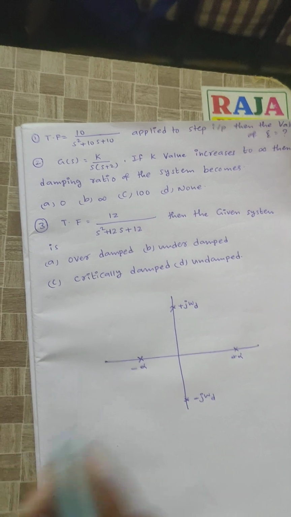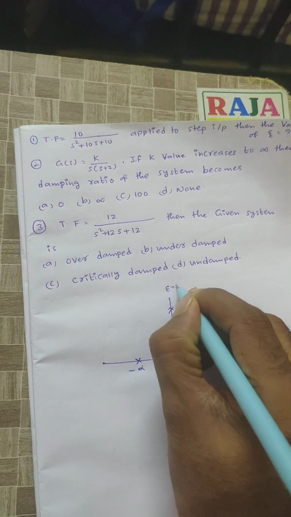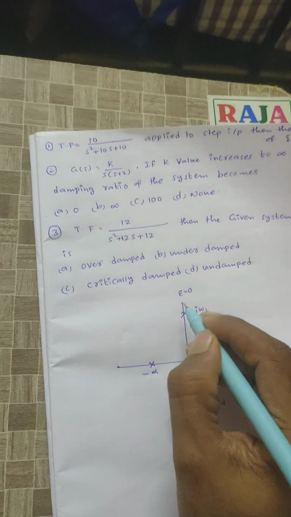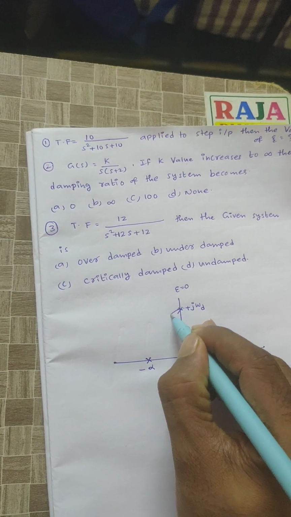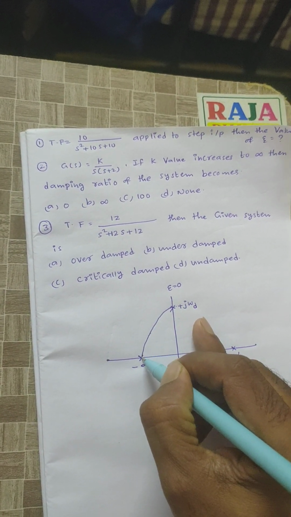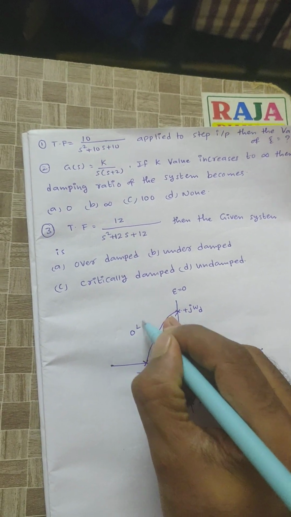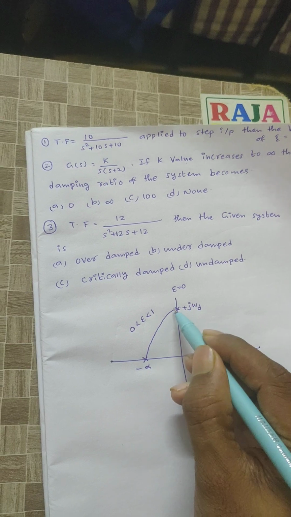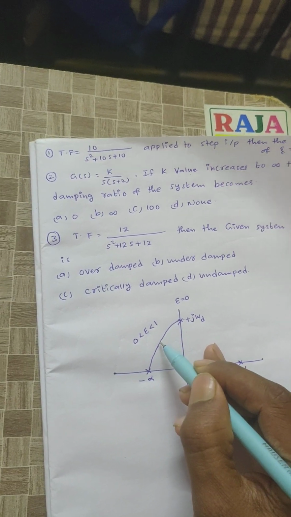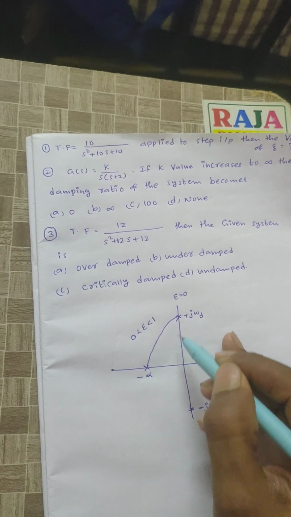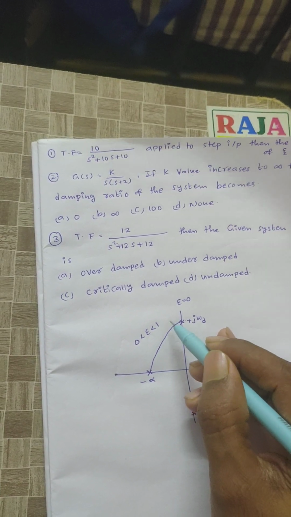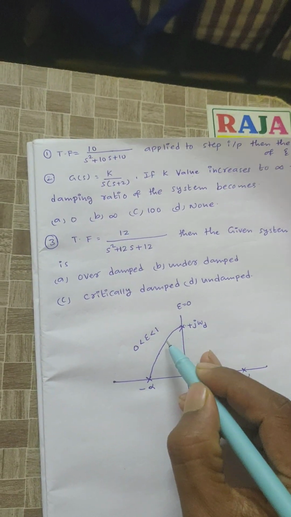Now see here, when zeta is equal to 0, the roots are imaginary. Next, in the region 0 less than zeta less than 1, the roots are complex conjugate, real and imaginary parts, like minus 0.5 plus j some value.